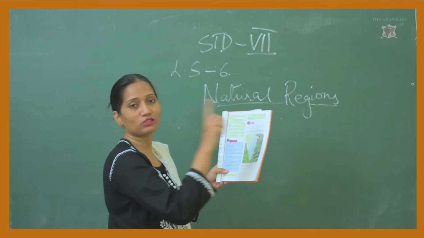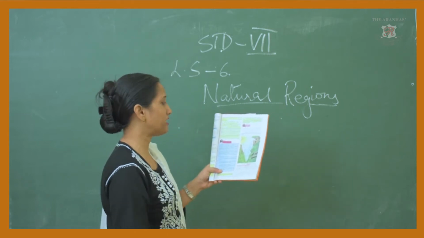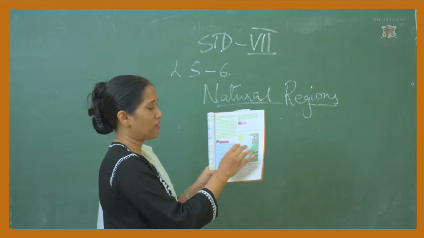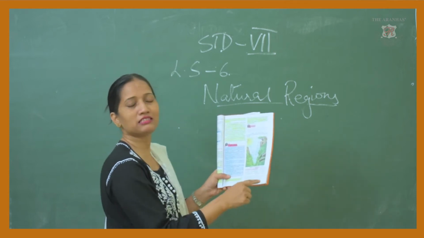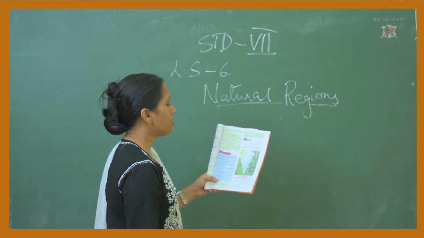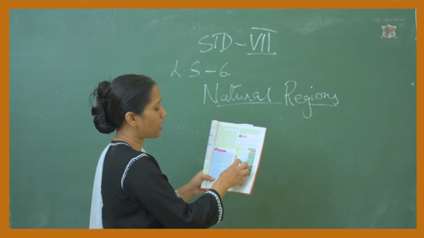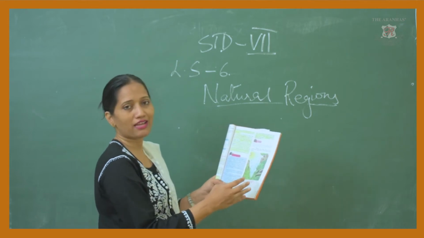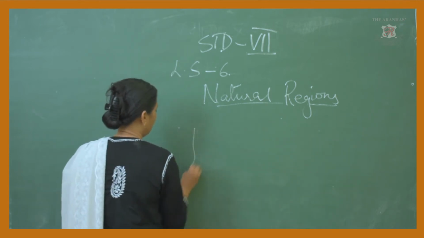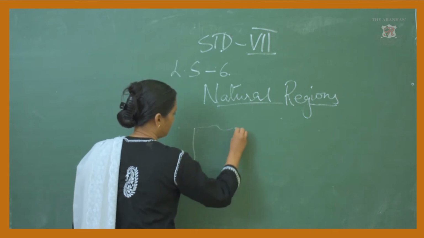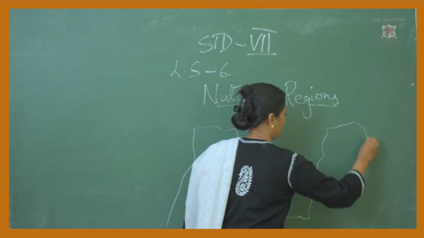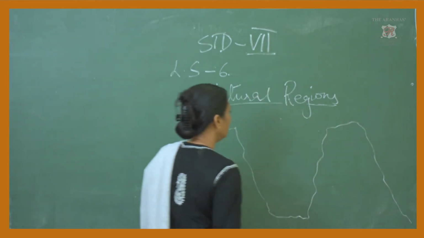I told you that I will take it up in the next class. You have to look at the diagram and see how it is. Now if you observe this diagram, I told you what a valley is.